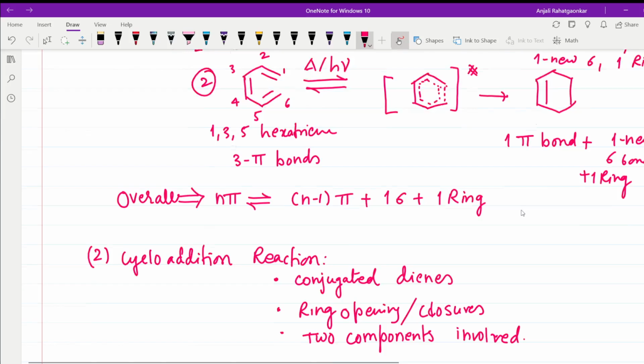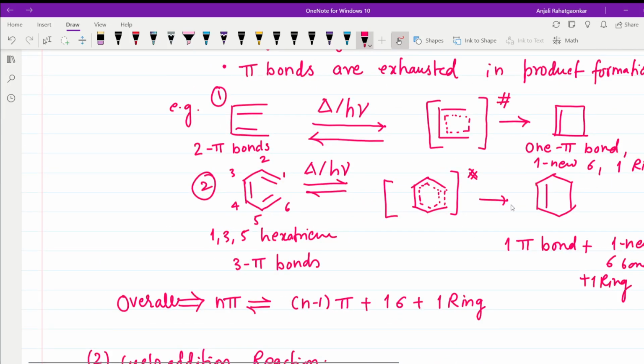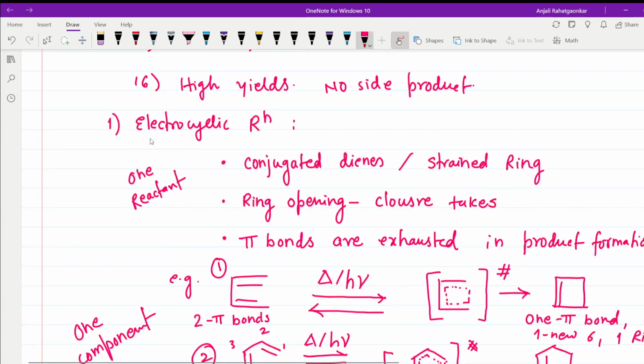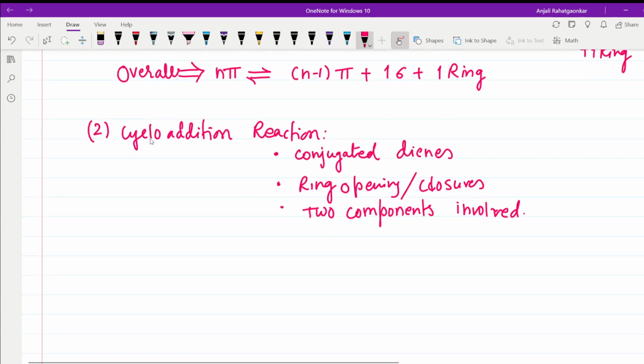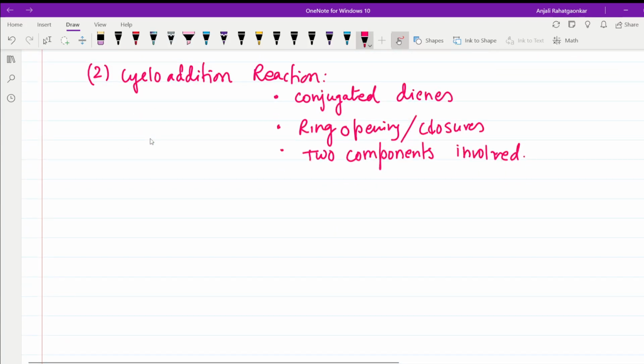In the electrocyclic reaction, there is only 1 component or only 1 reactant. Please remember, only 1 reactant is involved in the electrocyclic reaction. But in the cycloaddition reaction, there are 2 components involved.